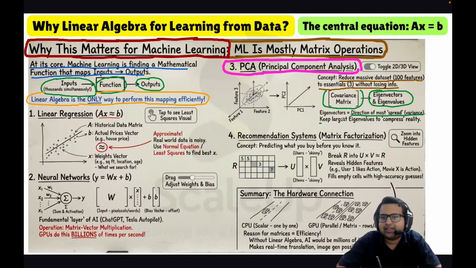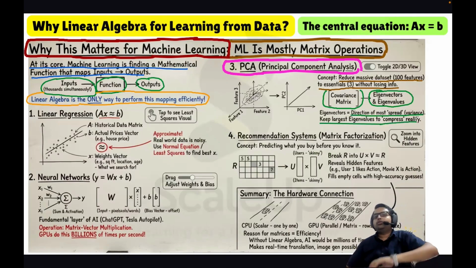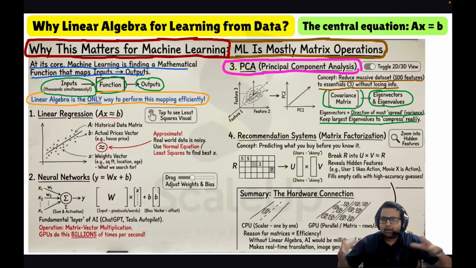By keeping the largest eigenvalues, you can eliminate the other eigenvalues. So you can just compress the reality. You can get rid of unnecessary features, and you can transform hundreds of features into the essential 3 or 4 features without losing information. That is what principal component analysis is all about.